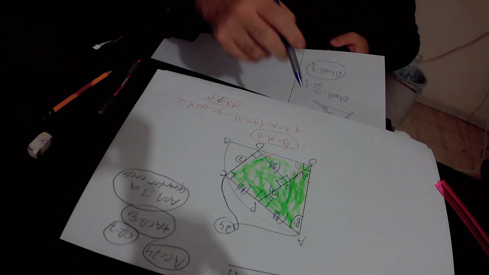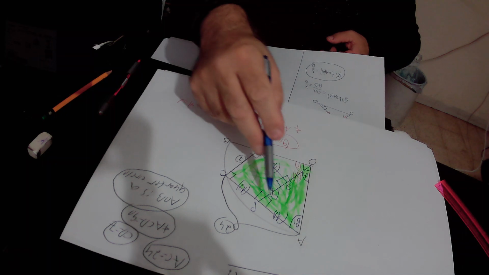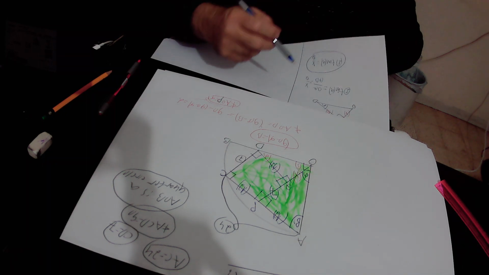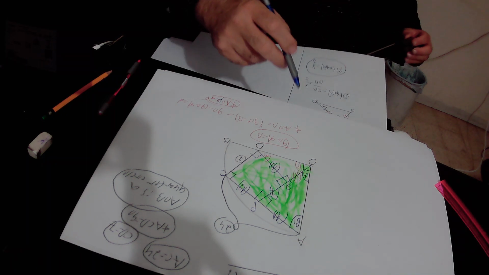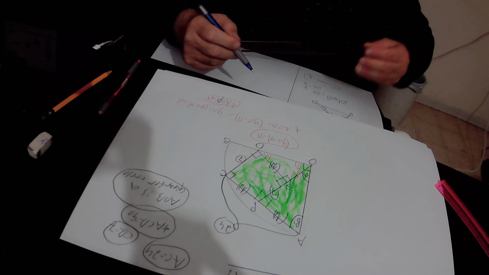We focus on the right triangle APO. I'll copy the right triangle APO in a new page and we'll find the value of tangent alpha in this right triangle APO.